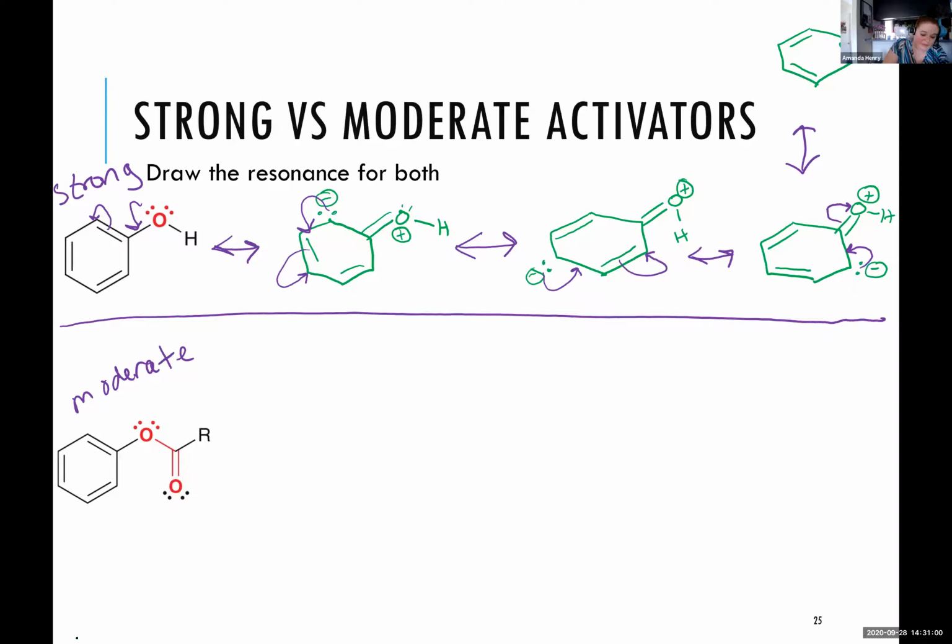The other thing I want to point out about this structure is notice where that negative charge lands in relation to the substituent that's already on the ring. If we look at where that alcohol group is and where that negative charge is, it's on the ortho carbon, the para, and then the other ortho. So when we add a second substituent and we have an electron donating group on the ring, we've activated the ortho and the para positions.